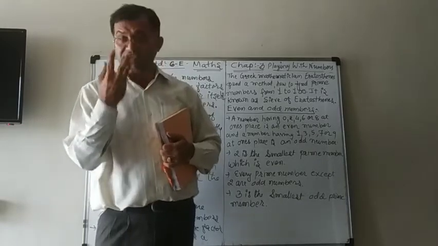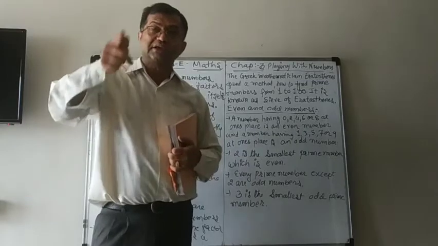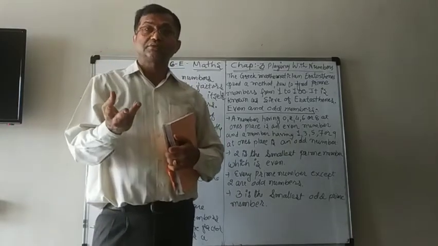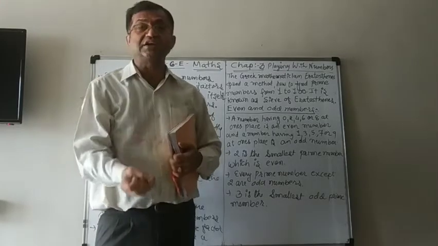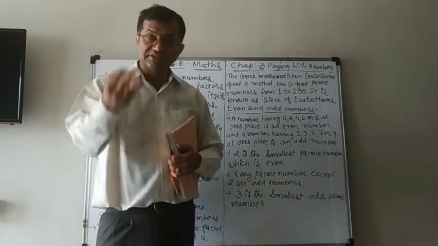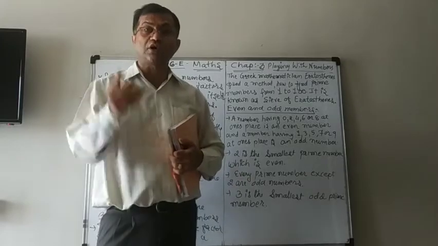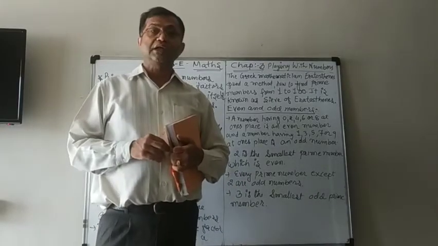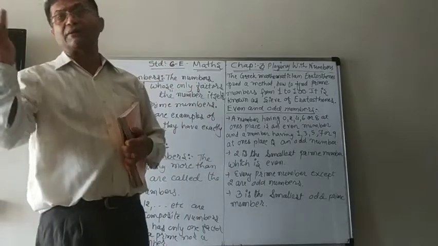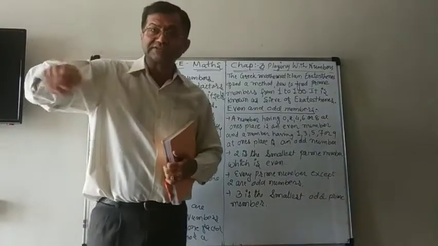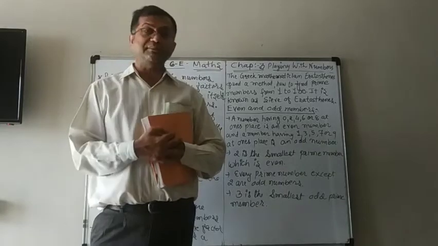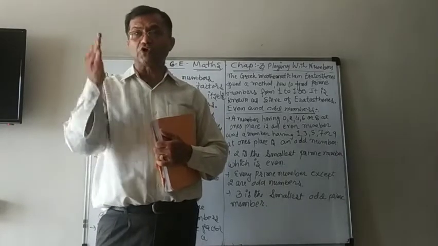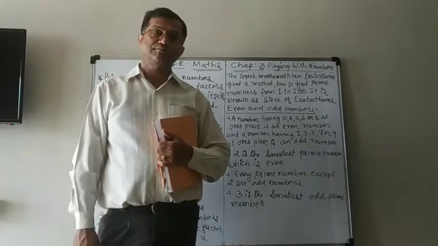Then he started with 3, a circle on 3, but on its multiples, like 3 1s are 3, 3 2s are 6, 3 3s are 9, 12 and so on, all of them he made a cross. Then he found that number 5 is not done, so he made a circle because it is a prime number. Then all the multiples of 5 also get a cross.